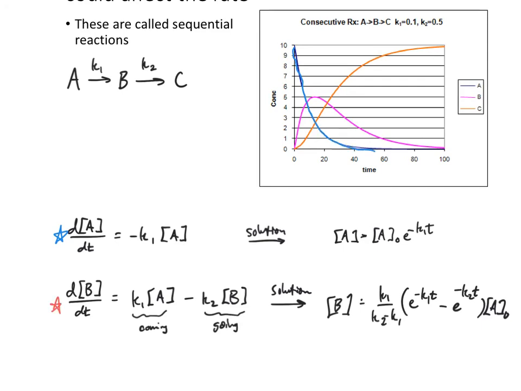And then this expression here describes this curve right here. Okay, because that's B. At first it's formed in high amounts and then it peaks and then it kind of slowly decays off. And that's what this function is describing right there.